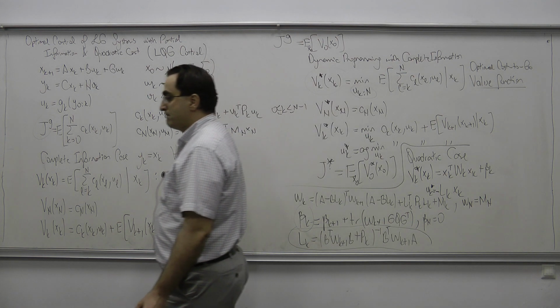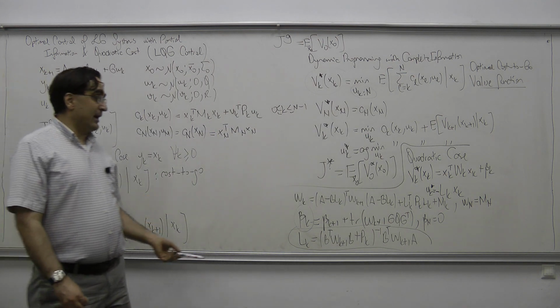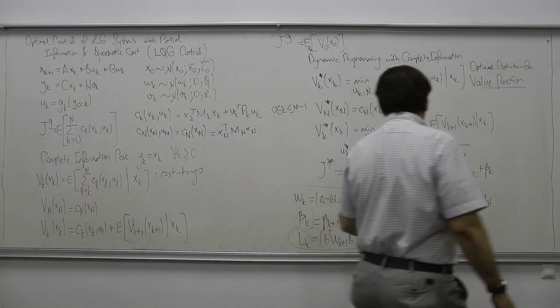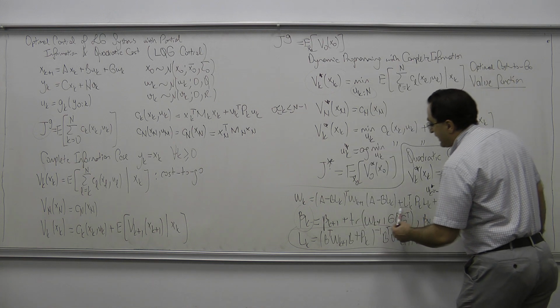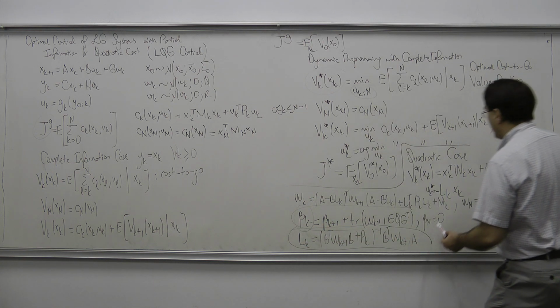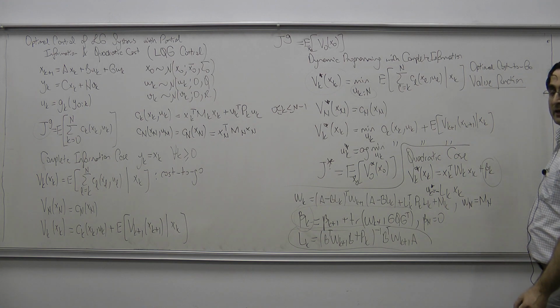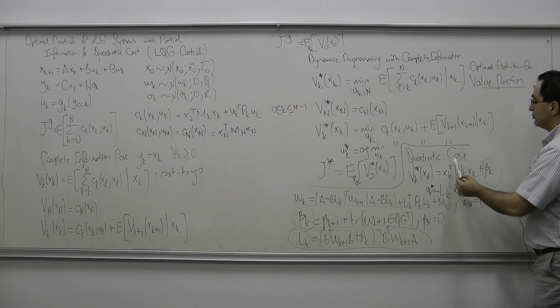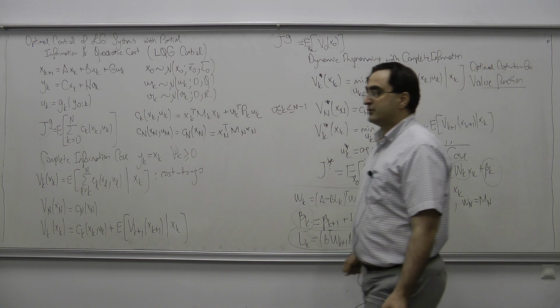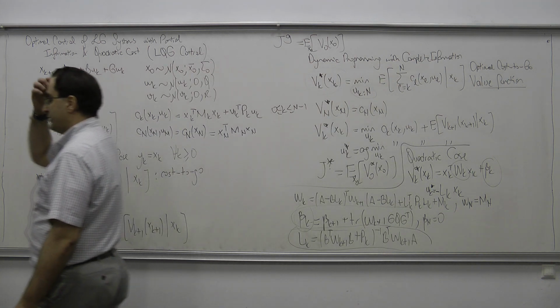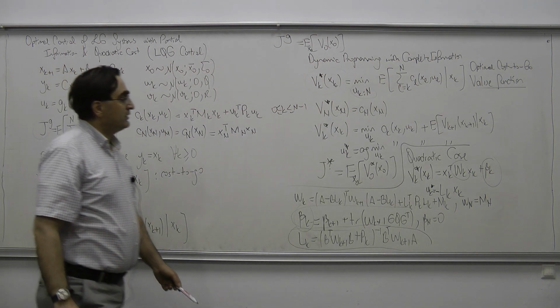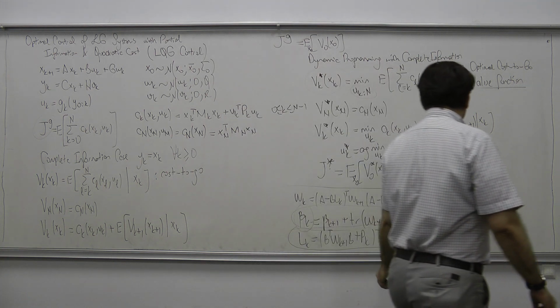All right? So that means that the uncertainty of the system only appears in these coefficients beta k. Okay? And these W's are not affected by the randomness of the system. All right? This is the complete information case.